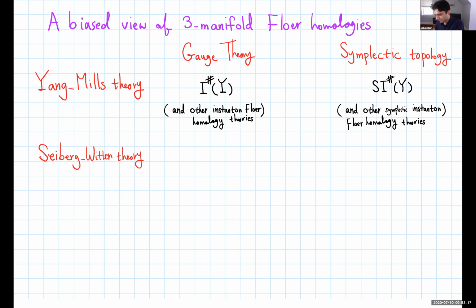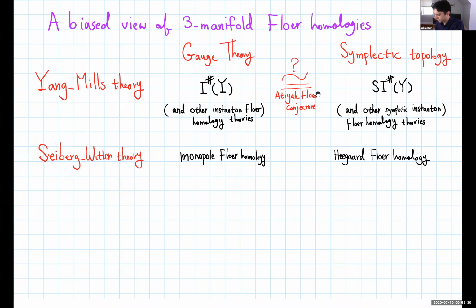There's some other theory which would give us three manifold invariants, which is called Seiberg-Witten theory. On the gauge theory side, the invariant, which is much more developed and well defined than in the case of Yang-Mills theory, is monopole Floer homology. Similarly, on the symplectic side, we have Heegaard Floer homology. So the Atiyah-Floer conjecture in general is some relation between this column and the symplectic side, which claims that for one of the invariants on the gauge theory side and the symplectic side, they are isomorphic to each other.